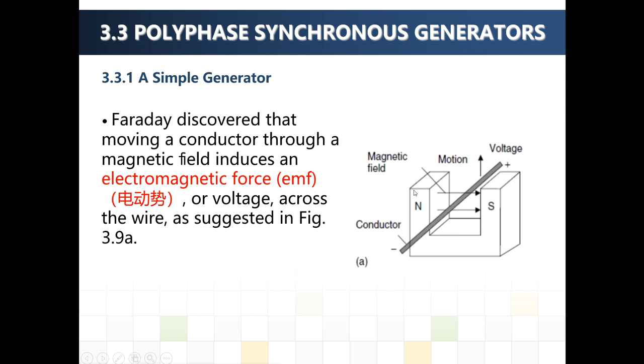So, for example, this figure shows a magnetic field with a north pole and a south pole, and when a conductor moves through this magnetic field, a voltage will be created.